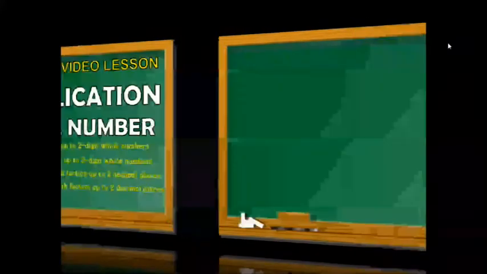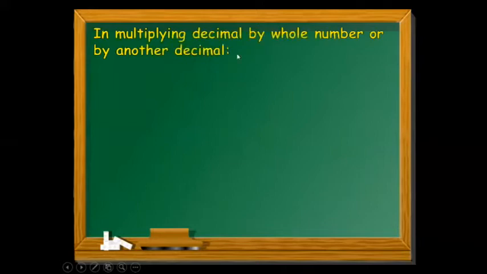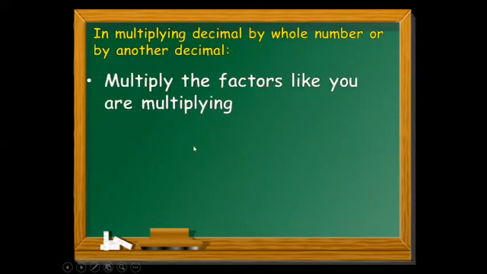So first thing we need to know, class, is how to multiply numbers. In multiplying a decimal by a whole number or another decimal, the first thing we need to do is multiply the factors like you are multiplying whole numbers. Meaning to say, i-multiply lang natin yung mga numbers, kagaya ng pag-multiply ng whole number.